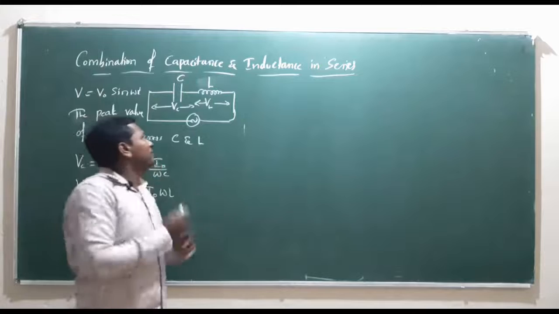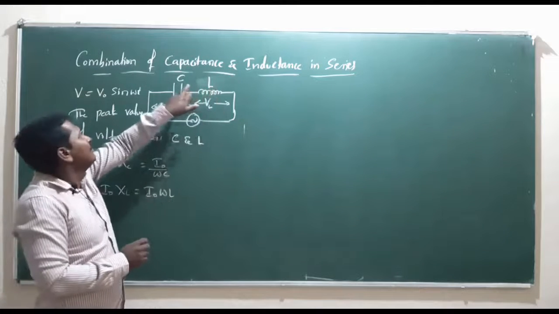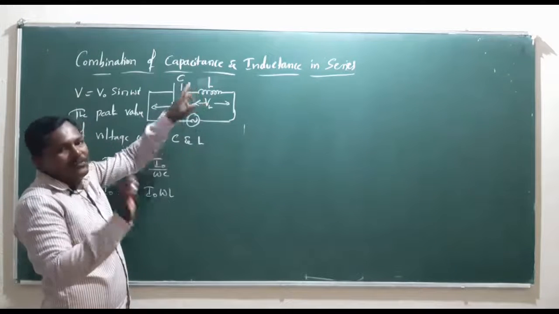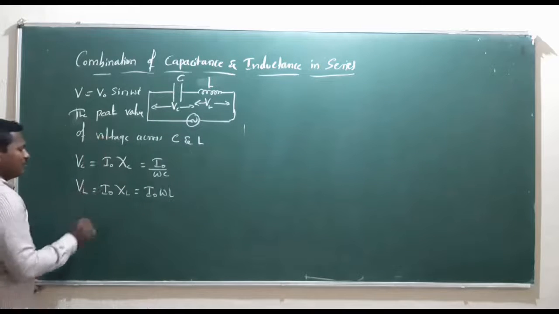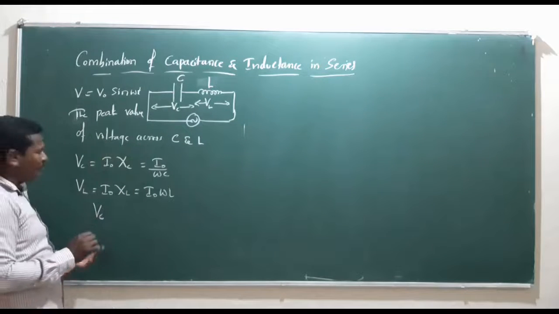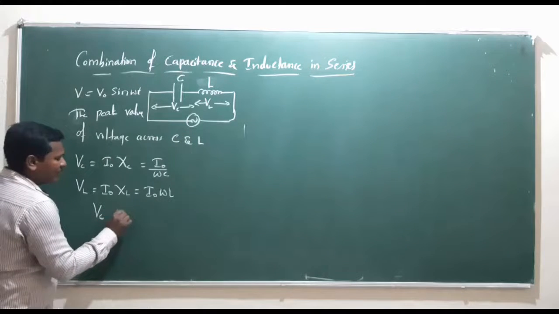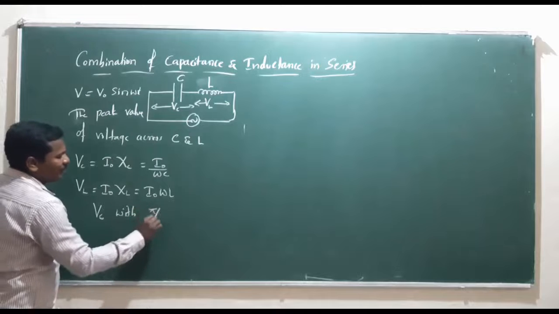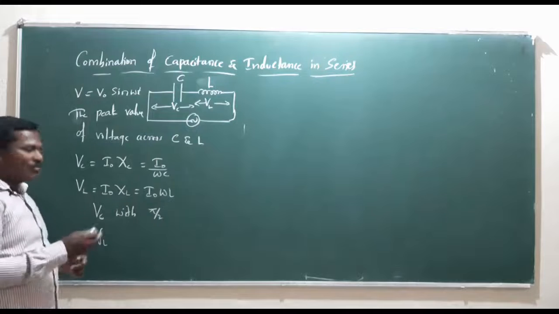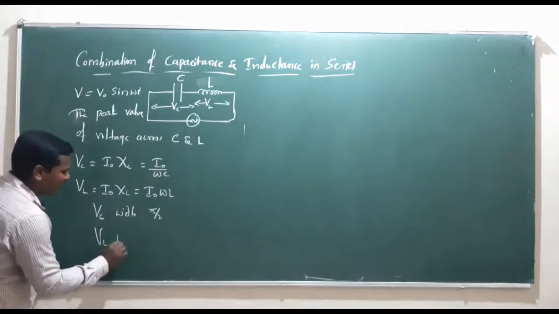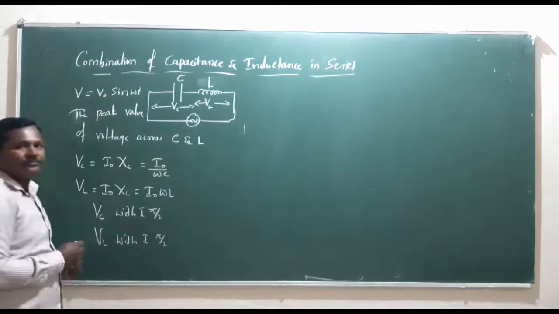Here we have to know that the capacitor and the inductor both have a phase difference with the current. The voltage across a capacitor has a phase difference with the current of pi by 2. Similarly, the voltage across an inductor is also out of phase with the current by pi by 2.